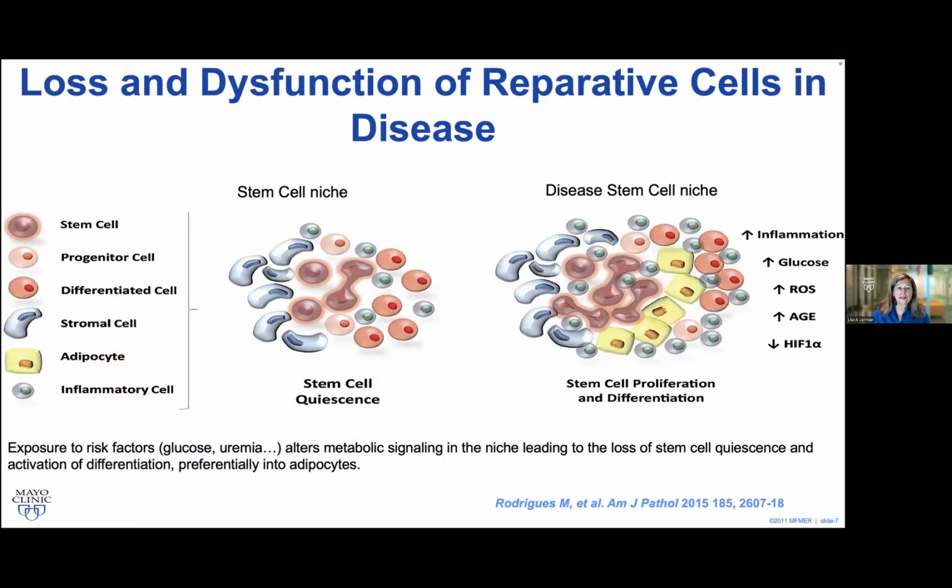However, those cells themselves are not exactly invulnerable to disease. Under normal conditions, the stem cells reside in a stem cell niche under quiescent conditions.